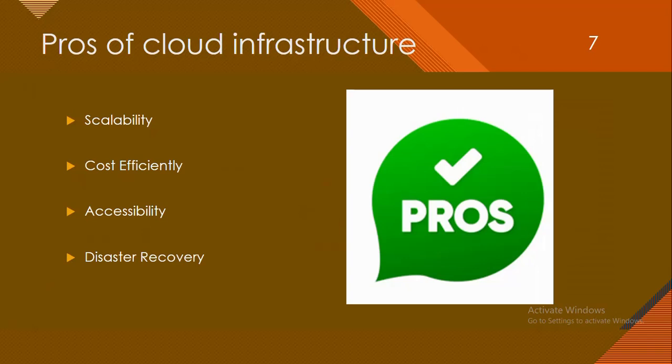Accessibility. Data and servers are available from anywhere. Lastly, disaster recovery. As cloud providers back up data in multiple locations, this reduces the risk of data loss due to things such as earthquakes or fires. They're stored in different locations and they'll be able to get that backup data.